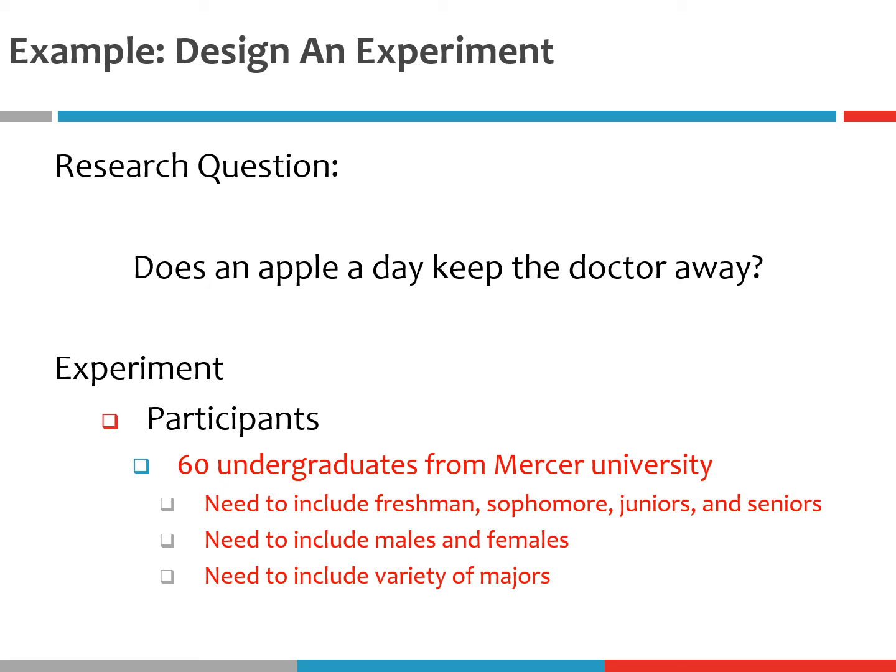And we would want to make sure that we include a variety of majors in both the experimental and the control group, because if we do observe a difference, right, we want to say that that difference is reflective of not just a small sample of students, but it's reflective of the general population.